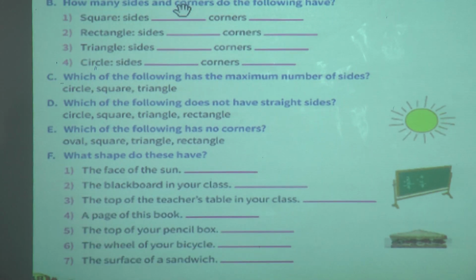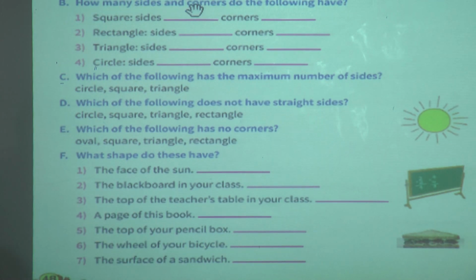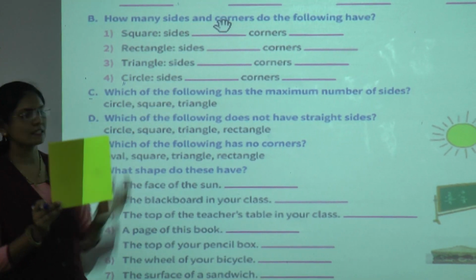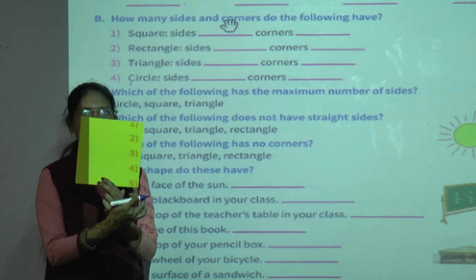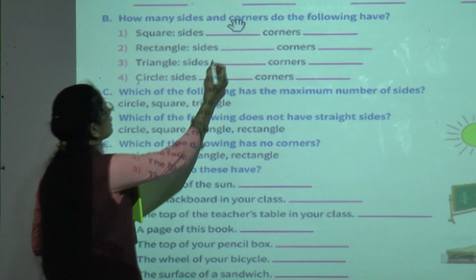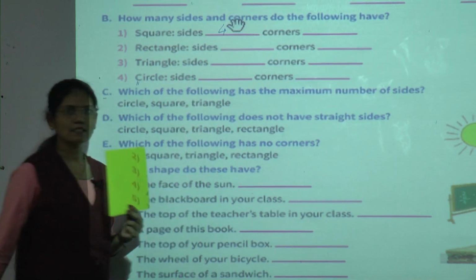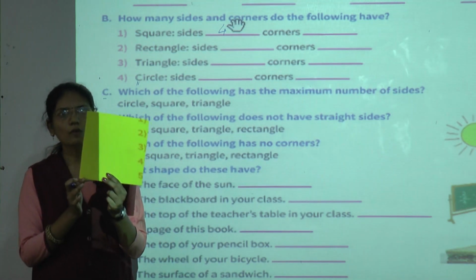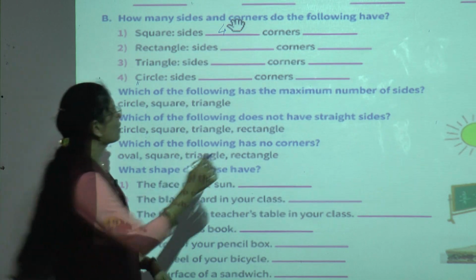Now I will show you square. You only tell me the answer now, because I explained everything to you. How many sides does a square have? 1, 2, 3, 4. Yes, square has 4 sides. Now let us count how many corners. 1, 2, 3, 4. It has 4 corners.